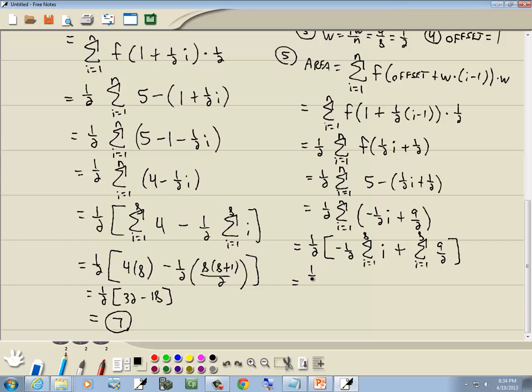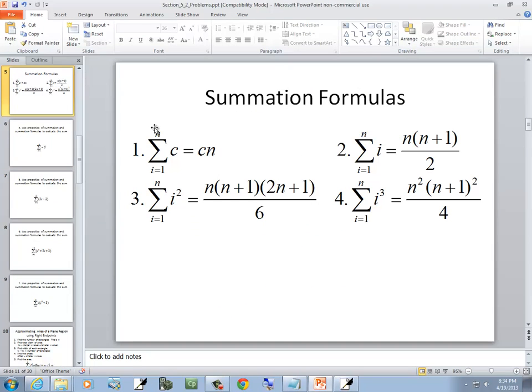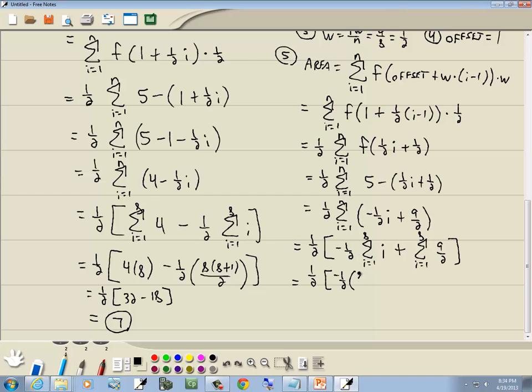So we're going to have 1/2, negative 1/2, and our formula for I, number 2, we have n times n plus 1 over 2. n is 8, so we have 8 times 8 plus 1 over 2, plus, and remember, if you have a summation of a number, you take that number times your n.